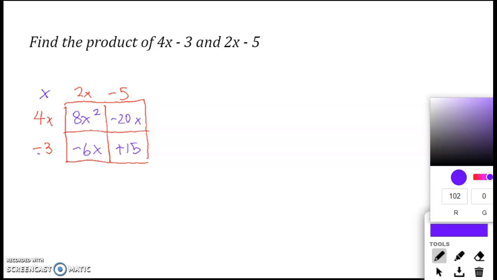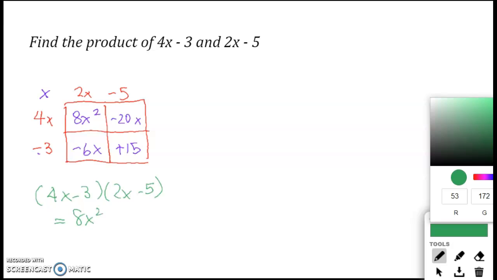Okay, now before you write your final answer, you need to see, are there any like terms that I can combine? Do we have any more x squared terms? No, I do not have any more x squared terms. So I know that what I multiplied, 4x minus 3 multiplied by 2x minus 5, is going to be equal to 8x squared because we don't have any other x squared terms.